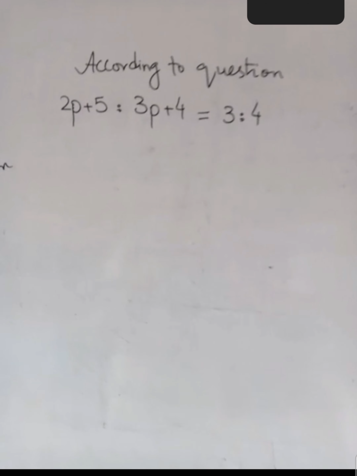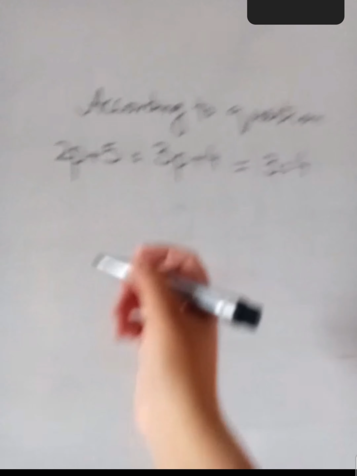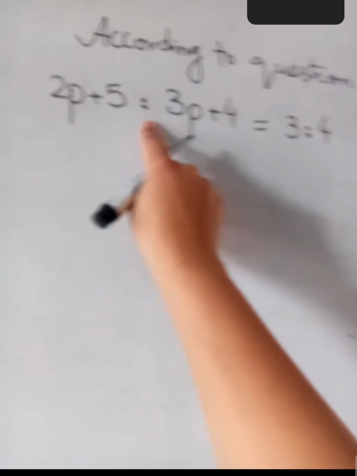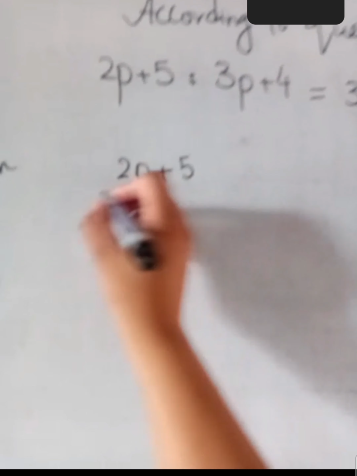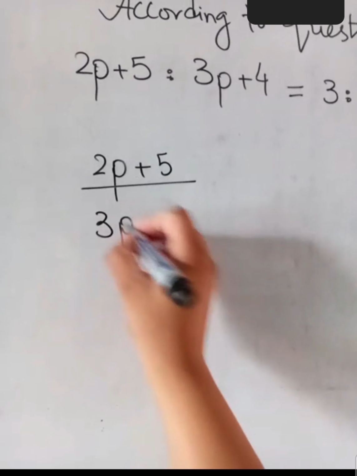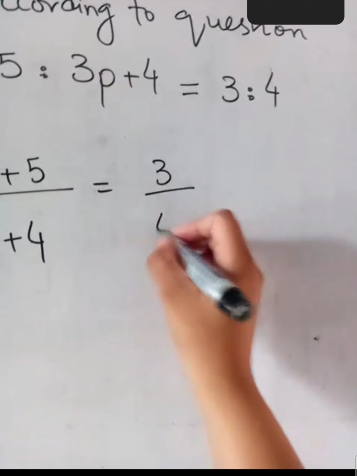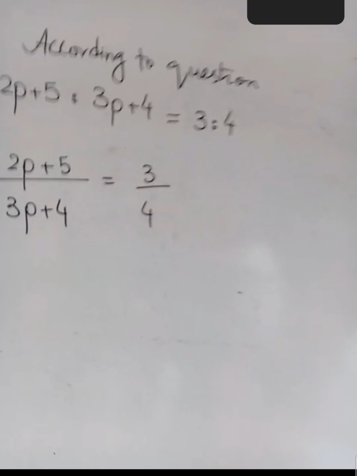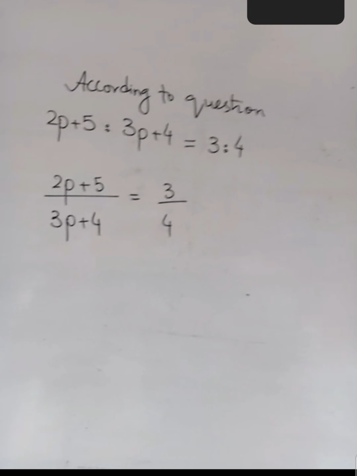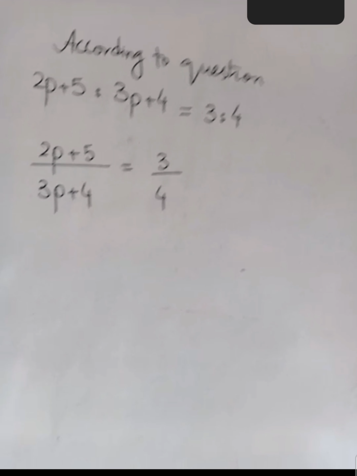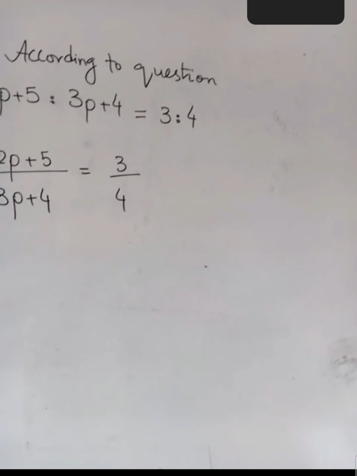2p plus 5 ratio 3p plus 4 is equal to 3 ratio 4 according to the question. Okay. A ratio can be written as a fraction: 2p plus 5 divided by 3p plus 4 is equal to 3 ratio 4, that means 3 by 4. Okay. This is so easy to solve. Fractions are involved. Now it's up to you whether you use cross multiplication or the removal of denominator to get the value of p.